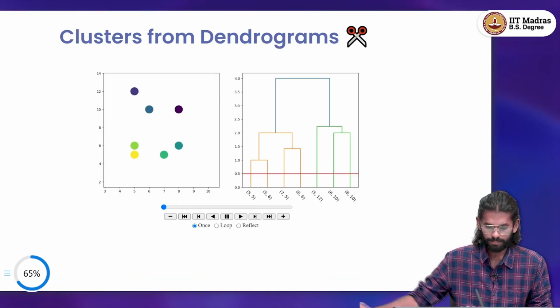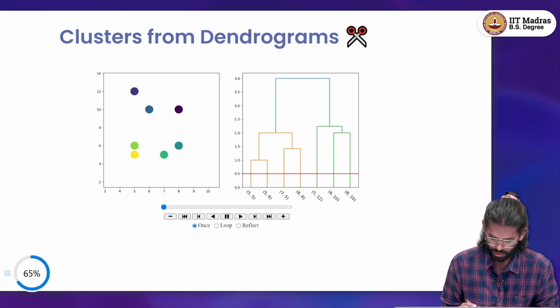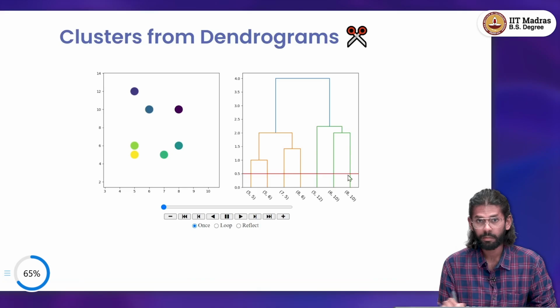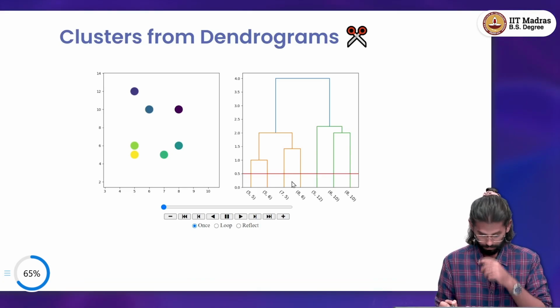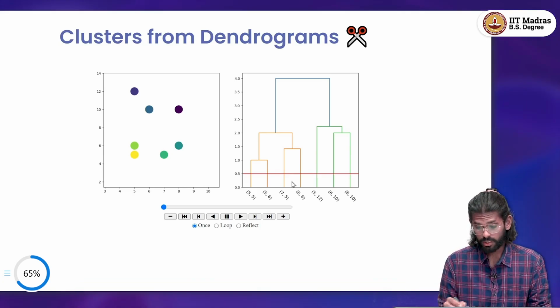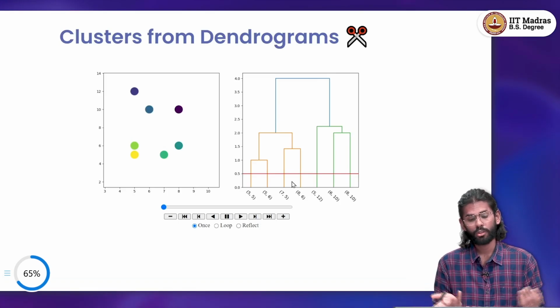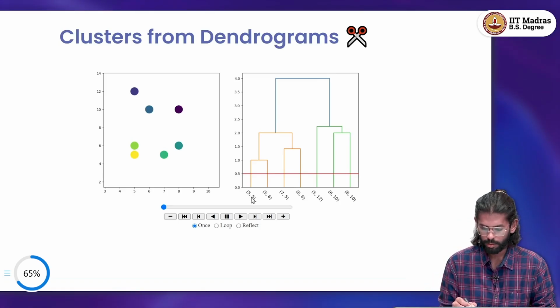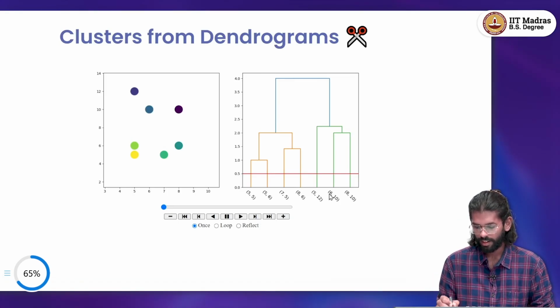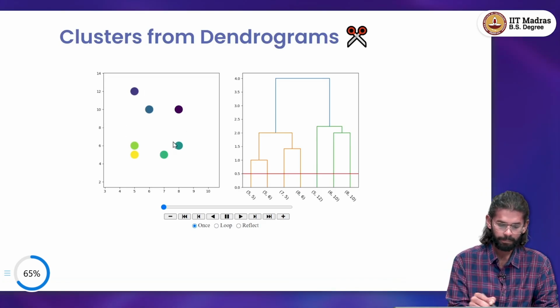Since we are cutting, note that if you cut at the bottommost part, you just end up with every single point in its own particular cluster. So here we have 1 2 3 4 5 6 7 clusters, so that's why these are also colored that way.